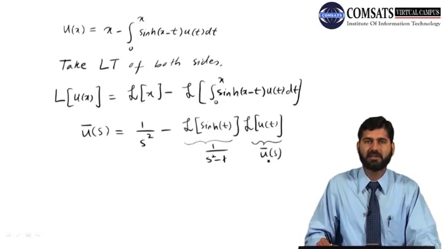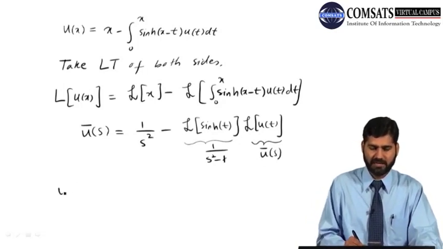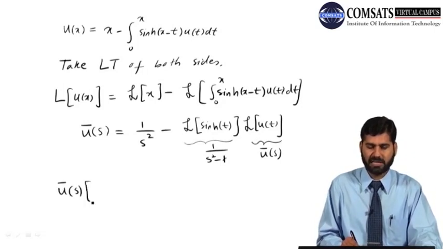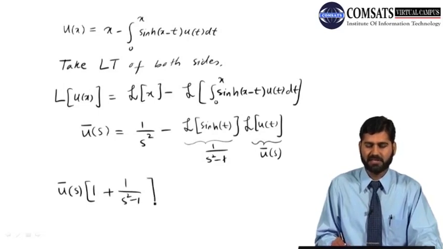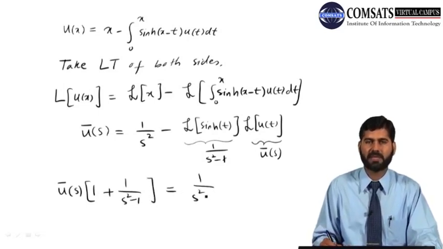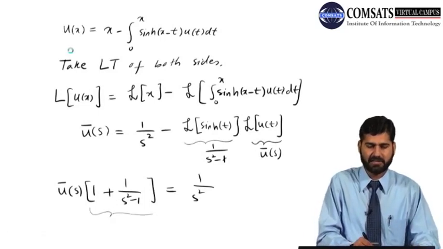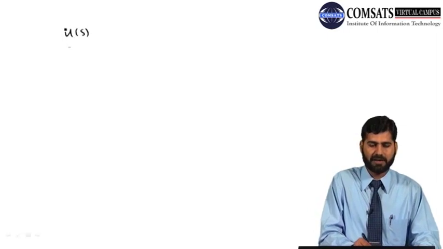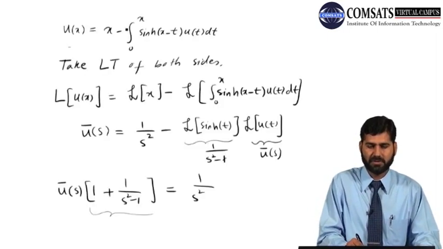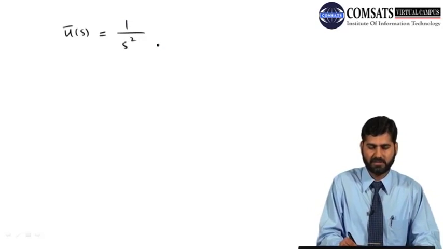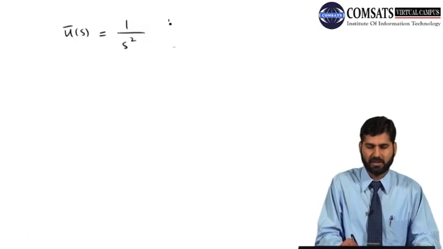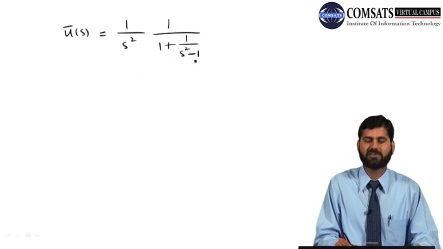So what we can do is combine the u bar of s terms. I'll get 1 from here and plus 1 over s square minus 1 from here. This is equal to 1 over s square. Now I will divide this on the other side. I will get u bar of s is equal to 1 over s square times 1 over 1 plus 1 over s square minus 1. All right, this is what we have.